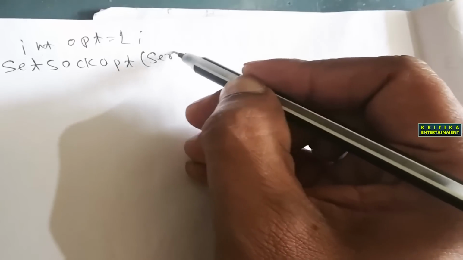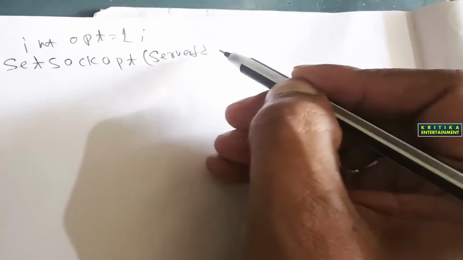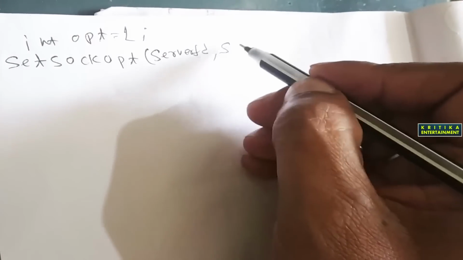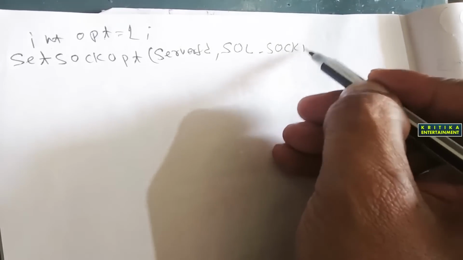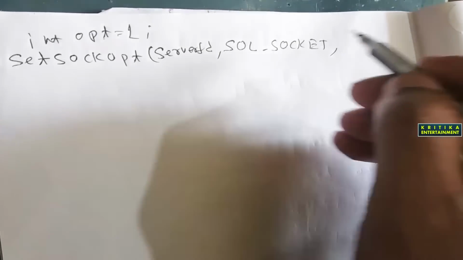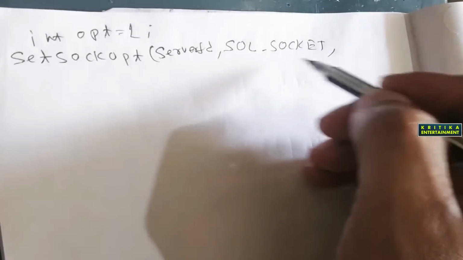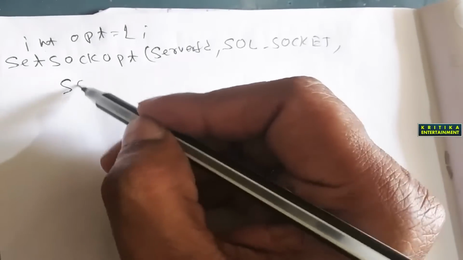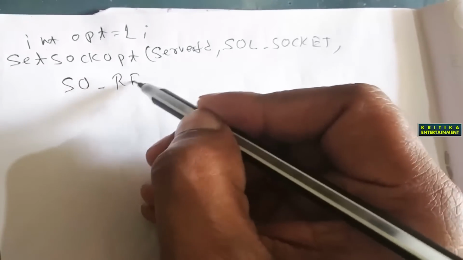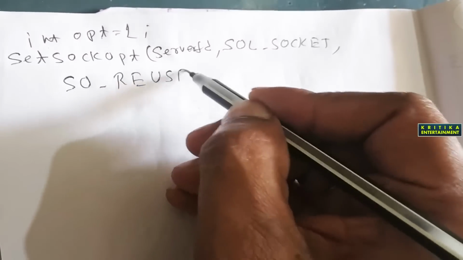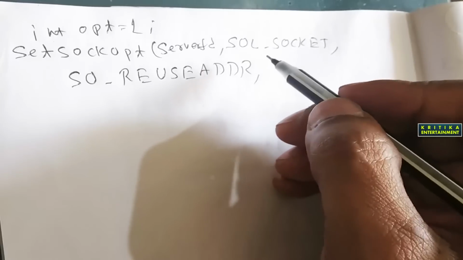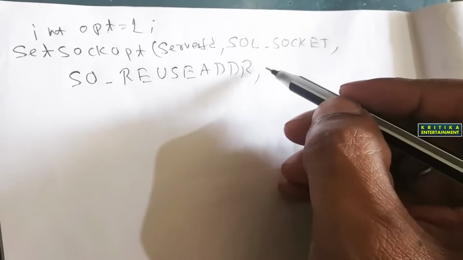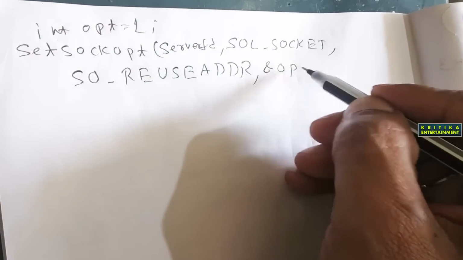So you write server FD, then SOL_SOCKET, then SO_REUSEADDR to reuse the address and port, and here write ampersand opt.